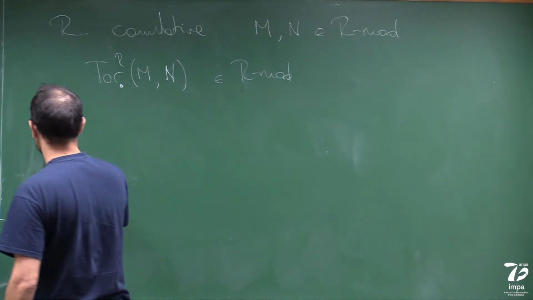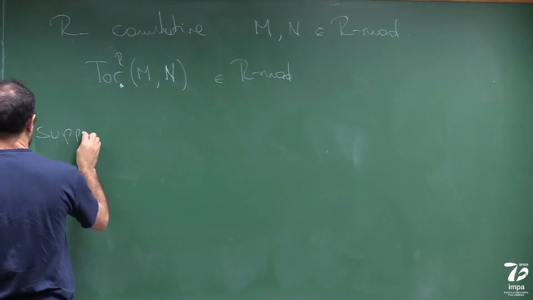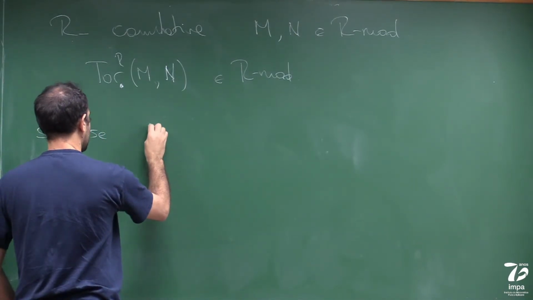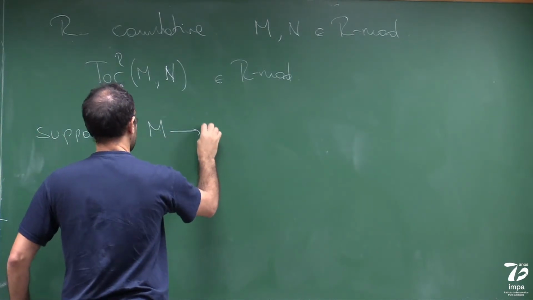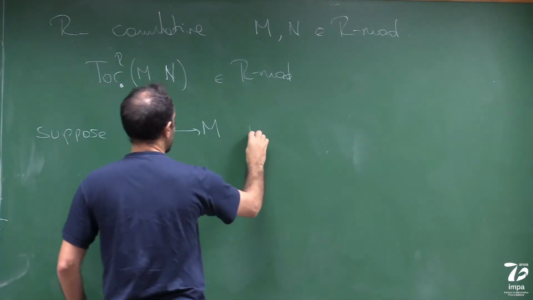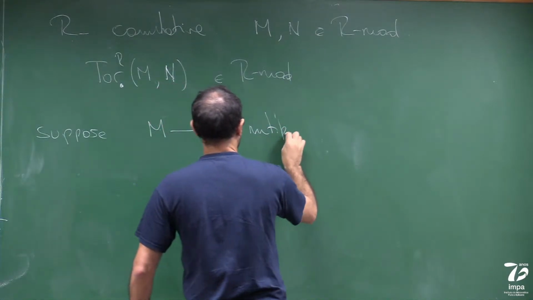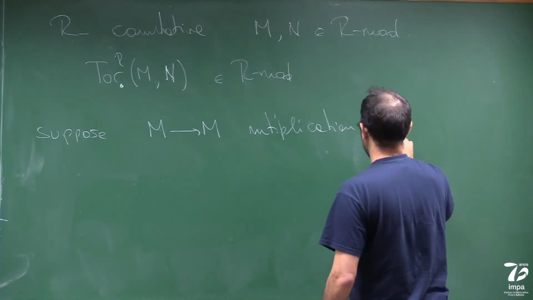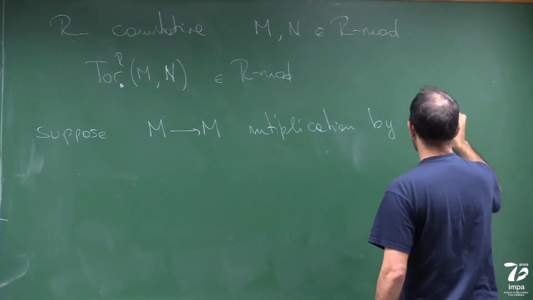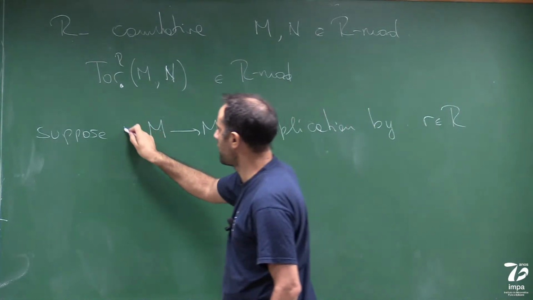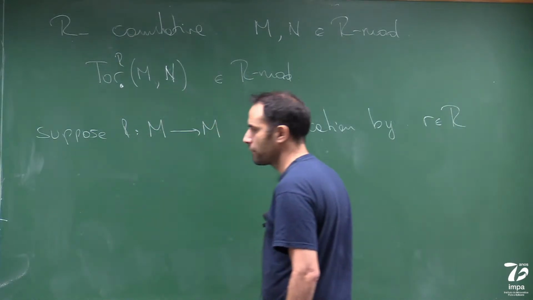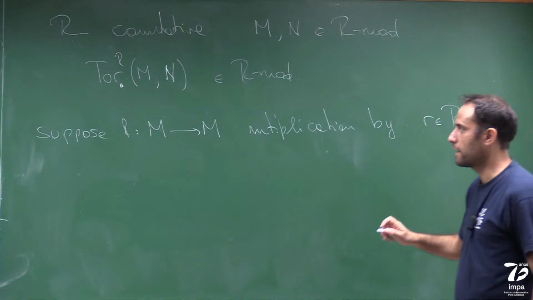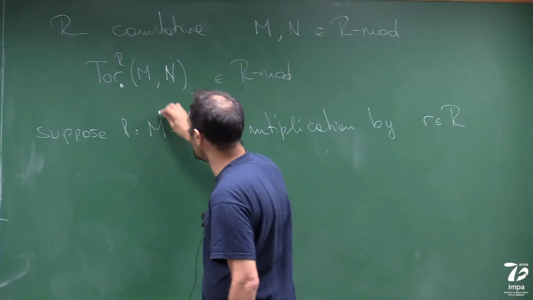Let's suppose that you have a morphism from M to M, which is multiplication by an element R in your ring R. Let's suppose that you have this morphism F, just multiplication by this guy like this. So let's take a projective resolution.